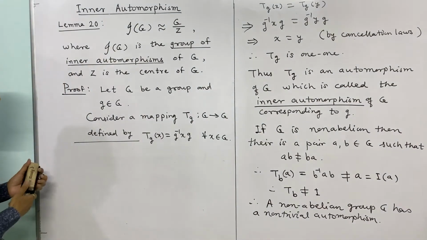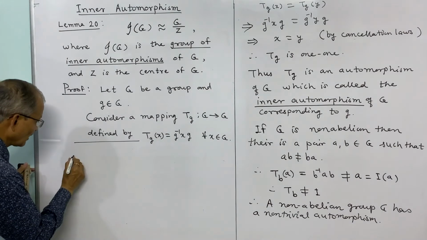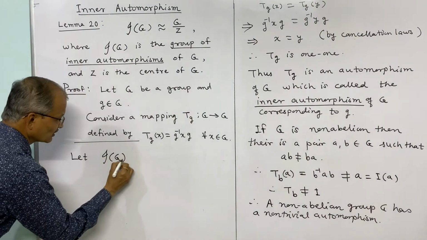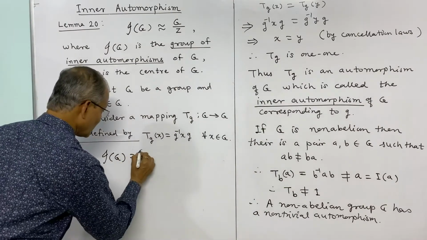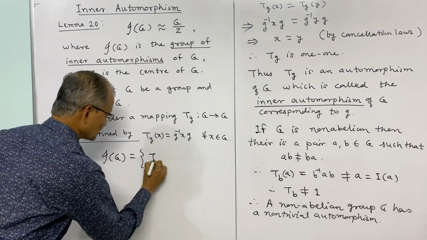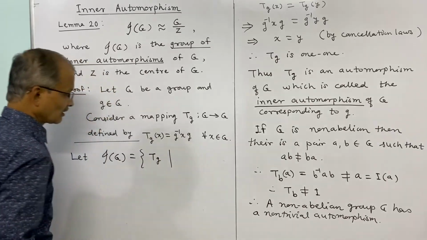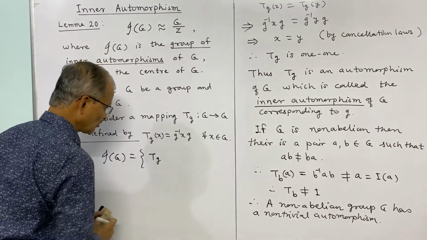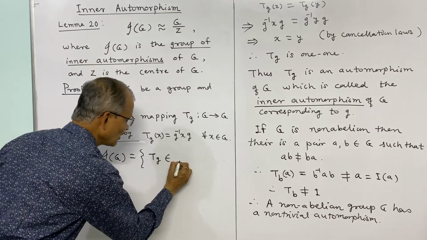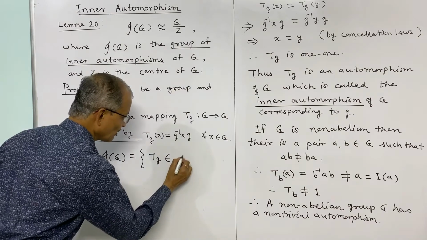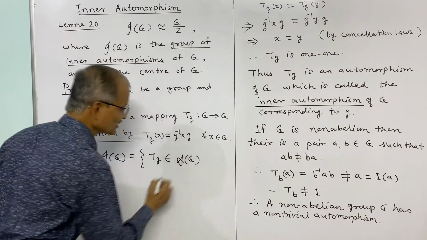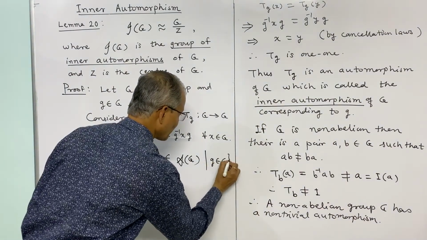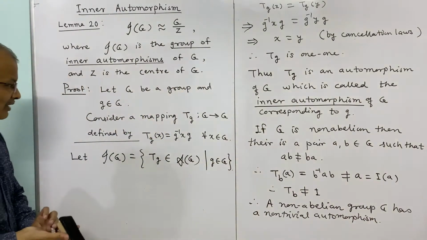Let I of G be equal to the set of Tg, where Tg is an automorphism, so it belongs to the group of automorphisms, which we have denoted by script A of G, and g belongs to G. See what we have done till now.